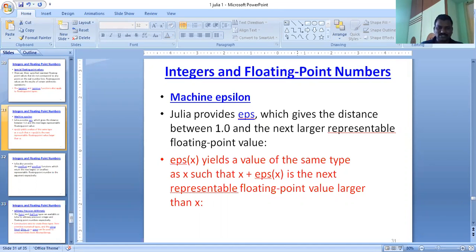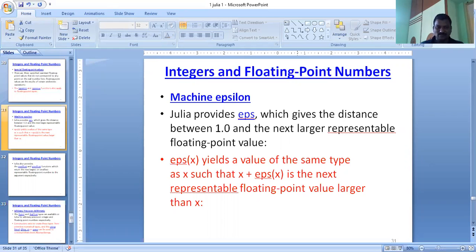For example, epsilon of Float32 gives the distance between 1.0 and the next larger representable floating point number.